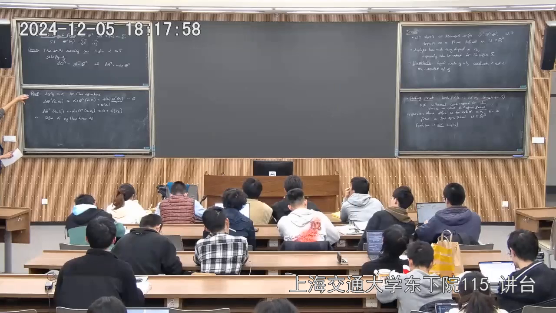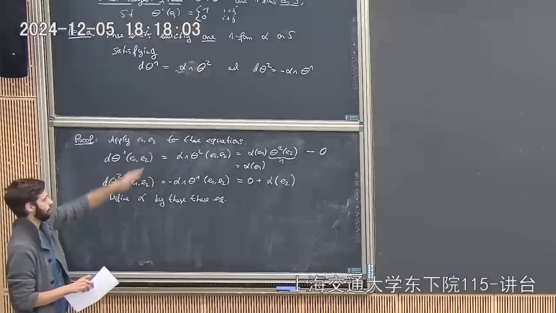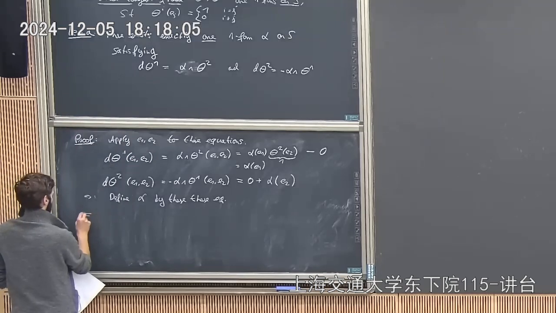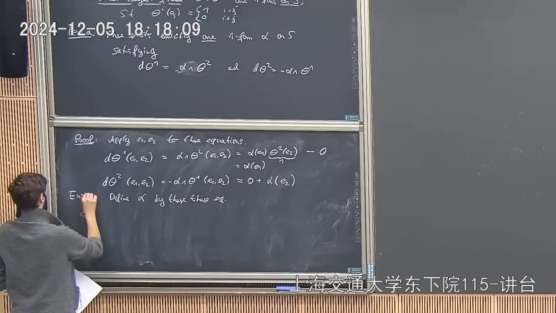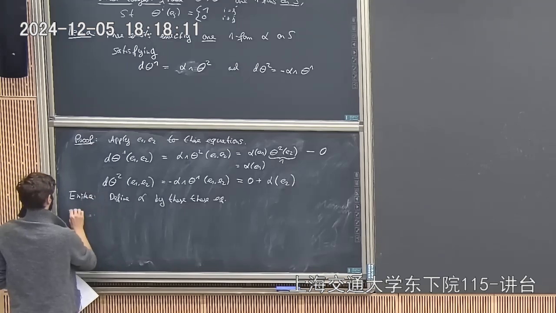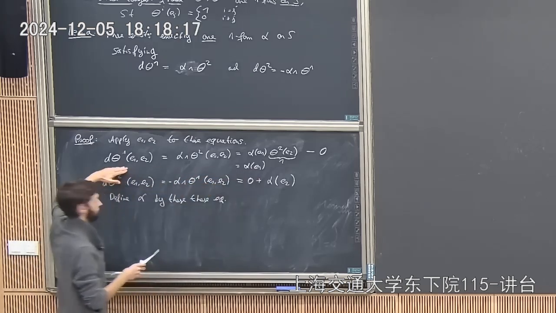And conversely, if you have an alpha that satisfies these equations, there would be the uniqueness, maybe existence, and uniqueness follows also because alpha clearly has to satisfy this equation.